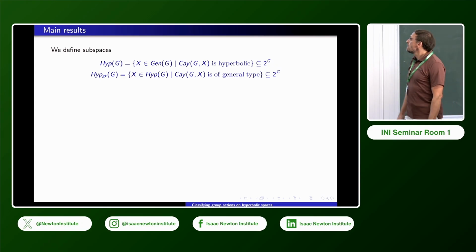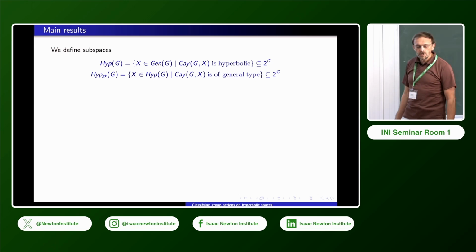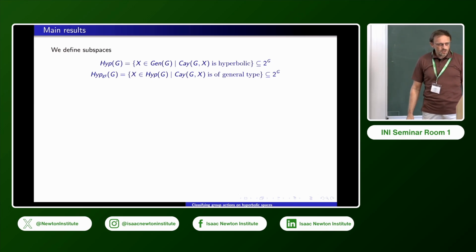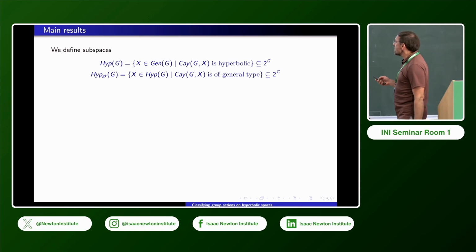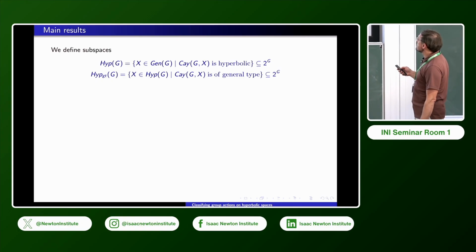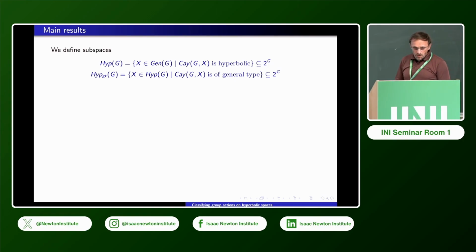Okay. And among these, we consider the generating sets for which the action of the group G on the hyperbolic Cayley graph is of general type, meaning that it has two transversal loxodromic elements. Okay? And again, I want to stress that we consider these sets as subsets of this Cantor set, so they inherit some topological structure.